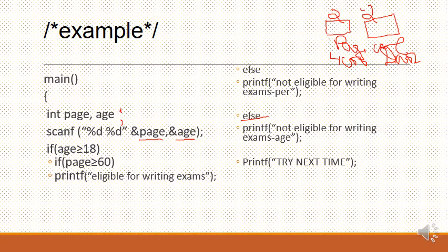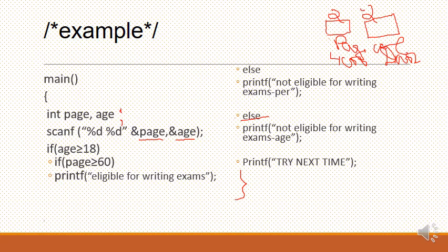Age is not greater than or equal to 18. So that is why it is not going to print. Afterwards, after executing this, it is going to execute the next statement whatever you have written here. So what I have written is printf try next time, and close the program.